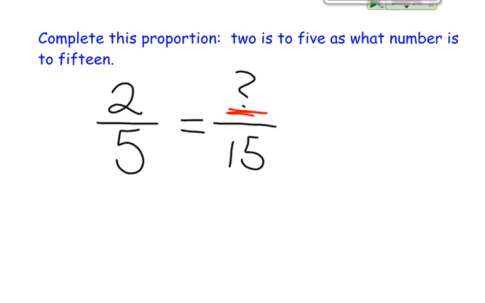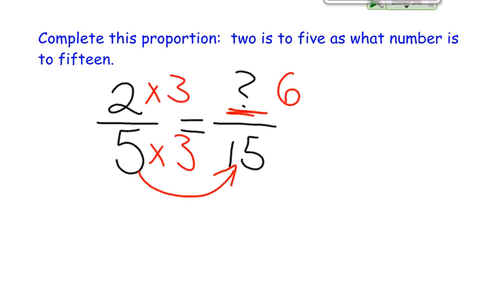And that idea is that since it's going to be equivalent, there must be something that takes our 5 and turns it into 15. And of course, that would be 3. 5 times 3 gives us 15. And if I do it to the bottom, I need to do it to the top. And so 2 times 3 is going to give us a 6 over here. And so what number are we looking for here? Our number, of course, would be 6. 2 is to 5, just like 6 is to 15.